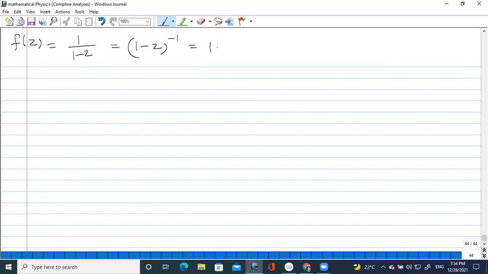So it will be direct 1 plus nx, so that will be 1 plus z plus z square plus dot dot dot, like this you can find out. This is about z0 equal to 0.